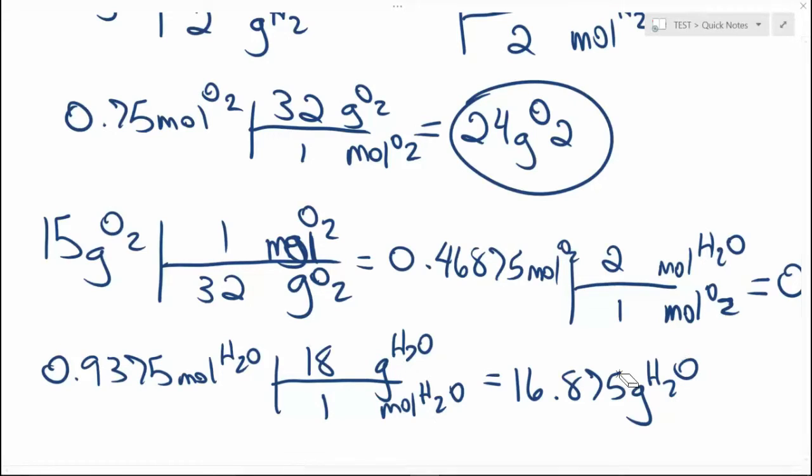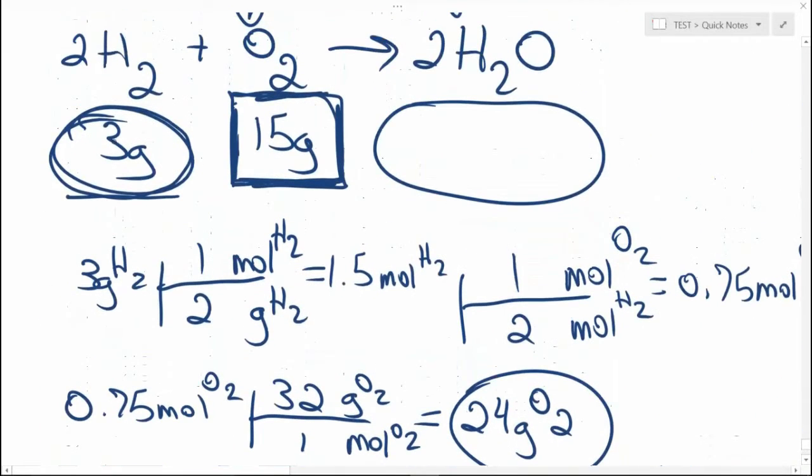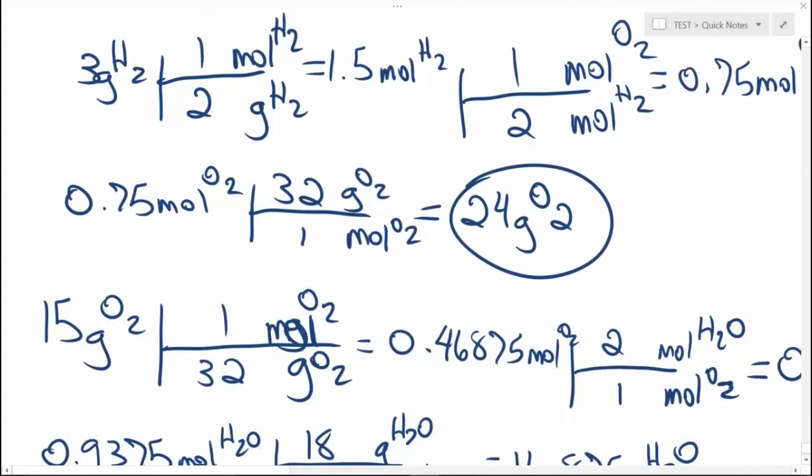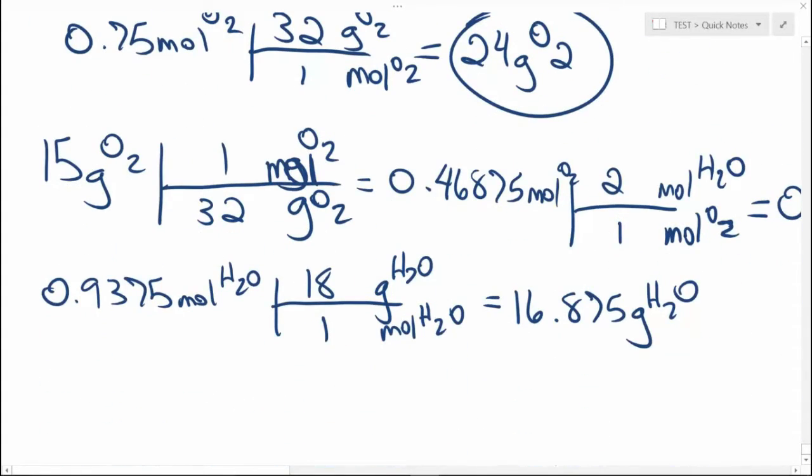You wouldn't need that many numbers if we were actually doing the significant digits, which I didn't really include in these numbers here, so that's why we're not really taking them. Okay, so that's how I would find the amount of water that was produced from this reaction.